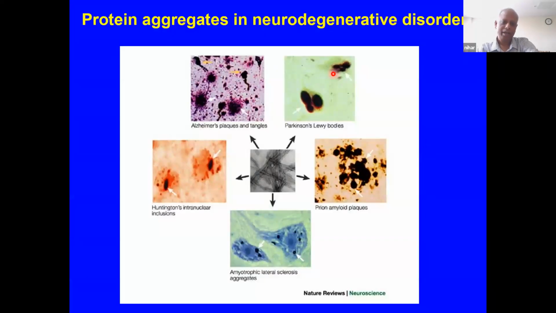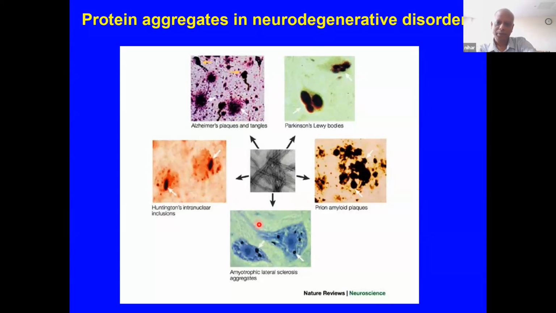If you look at the popularly known Alzheimer's disease, you will see a typical amyloid plaque, which is extracellular, and you also see the neurofibrillary tangles, which are intracellular. In Parkinson's disease, they are typically cytoplasmic; you can see eosinophilic Lewy bodies. In Huntington's disease, there are also nuclear aggregates. Similarly, you can see this in prion disease and also in amyotrophic lateral sclerosis.